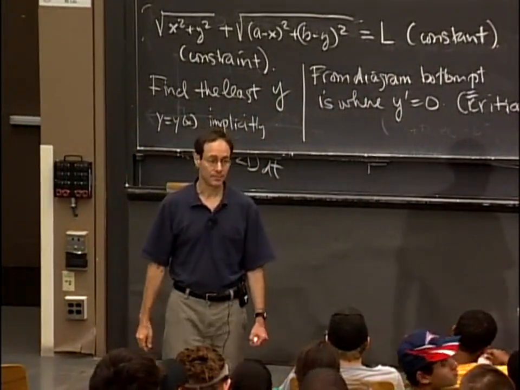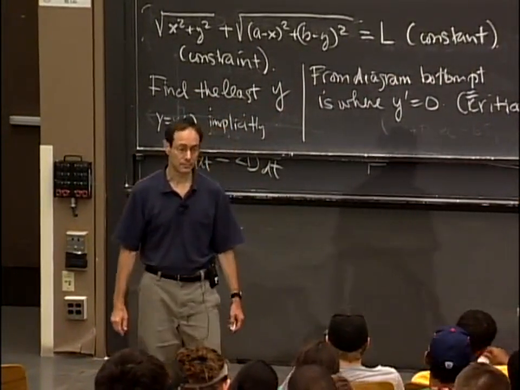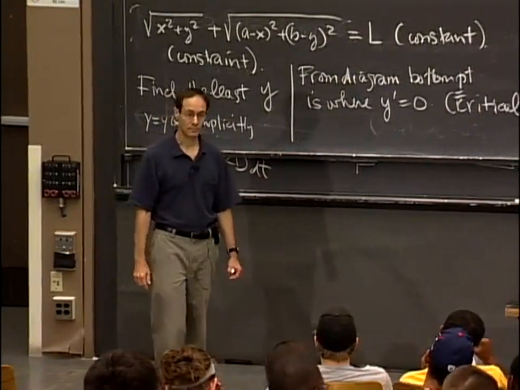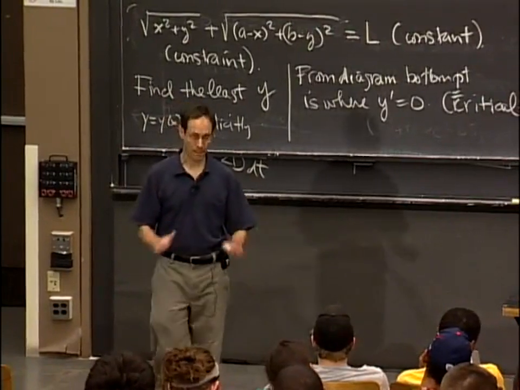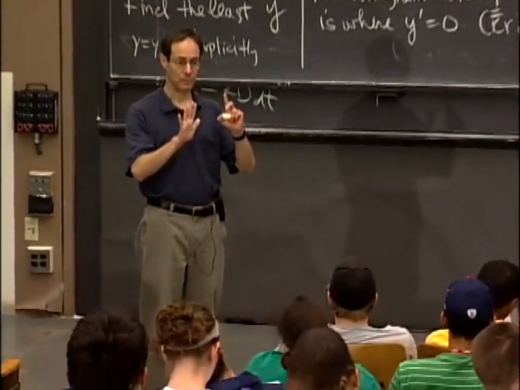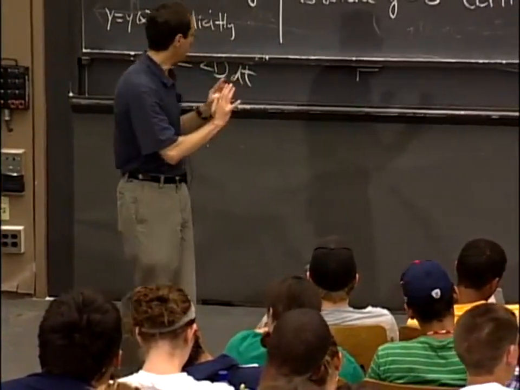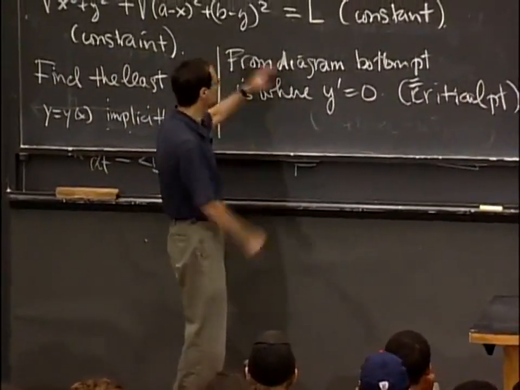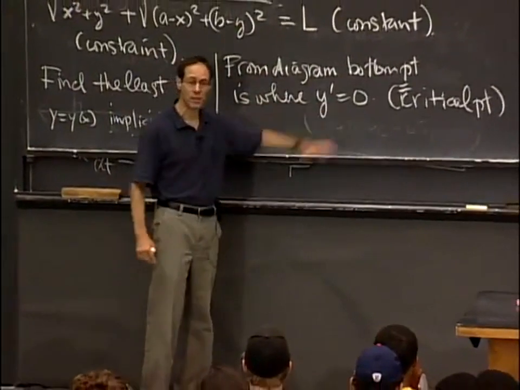Or if you hadn't remarked that the slope is horizontal there, you could still have differentiated that huge thing and taken y prime equal to 0, right? Exactly. So I'm deriving for you, so the question is, could I have just tried to find y prime equals 0 to begin with?